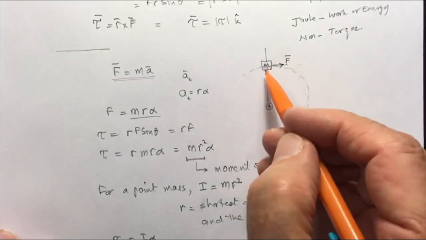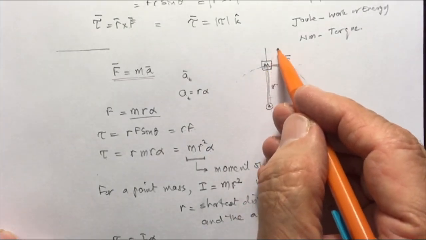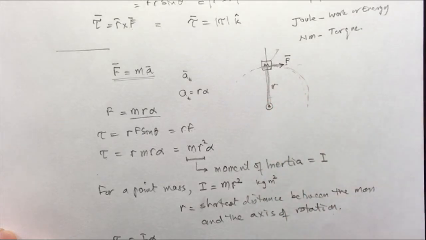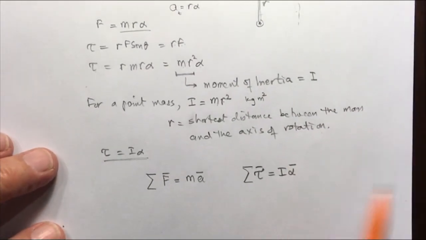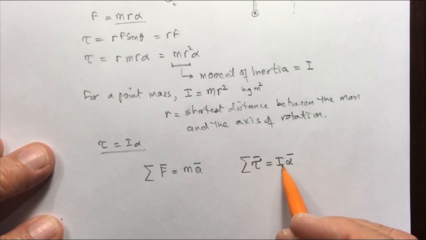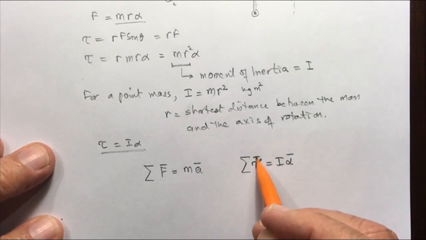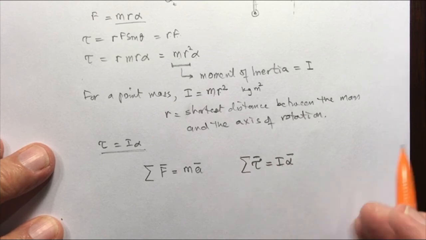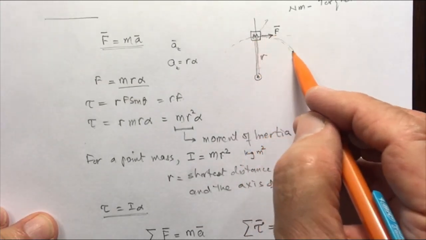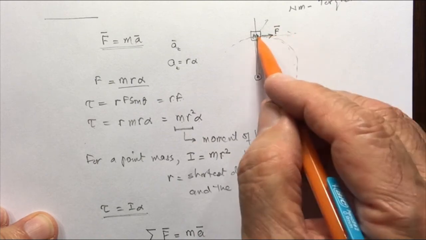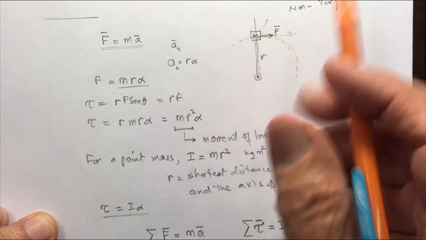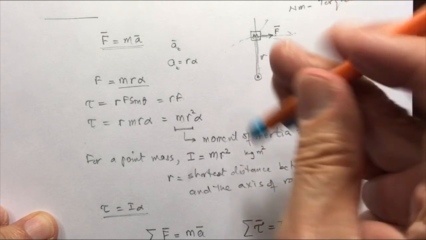There may be one force here, there may be another force pulling in some other direction which creates its own torque, and there may be a number of forces creating their own torques. So the sum of all the torques is I alpha, and they're both vectors and they both have the same direction. So as it accelerates, the tangential acceleration is in this direction, but the alpha is perpendicular to it.